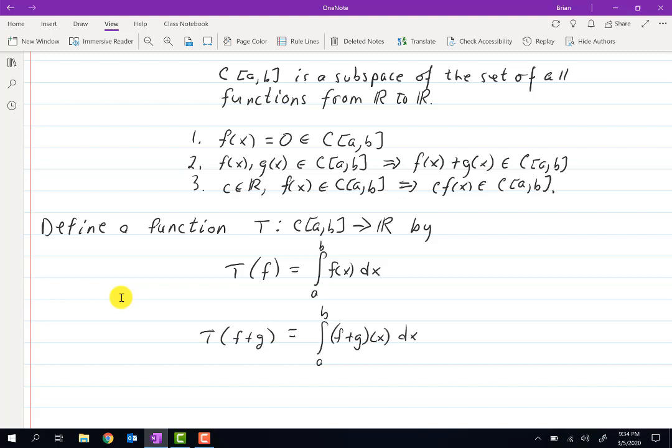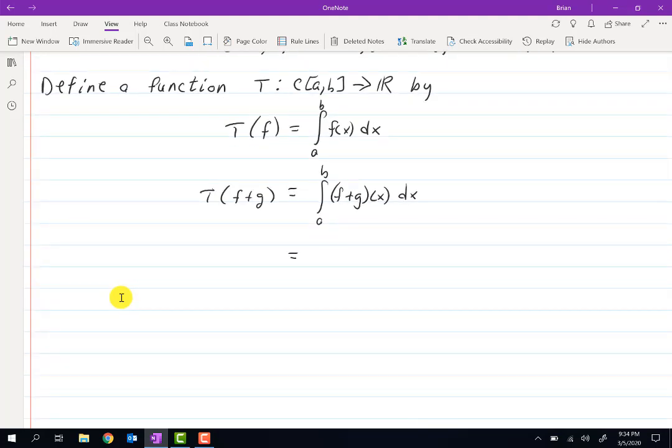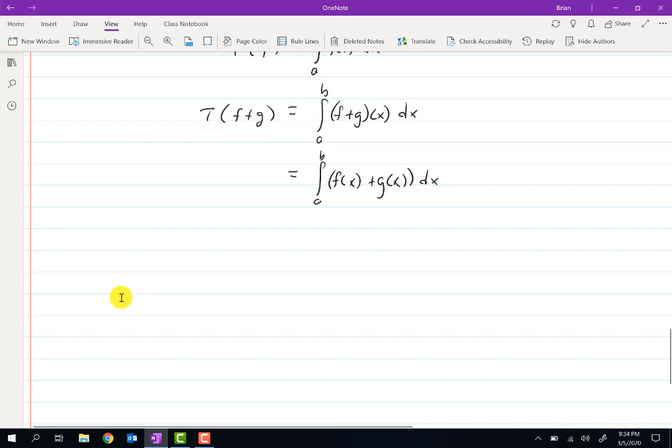This notation is one that you should recognize. f plus g as a function itself can be broken up into f of x plus g of x. And one of the rules of the integral is that I can break this up into a sum of integrals.